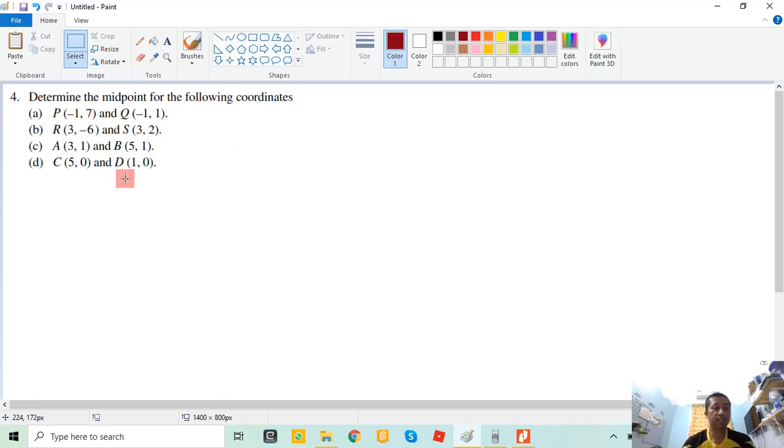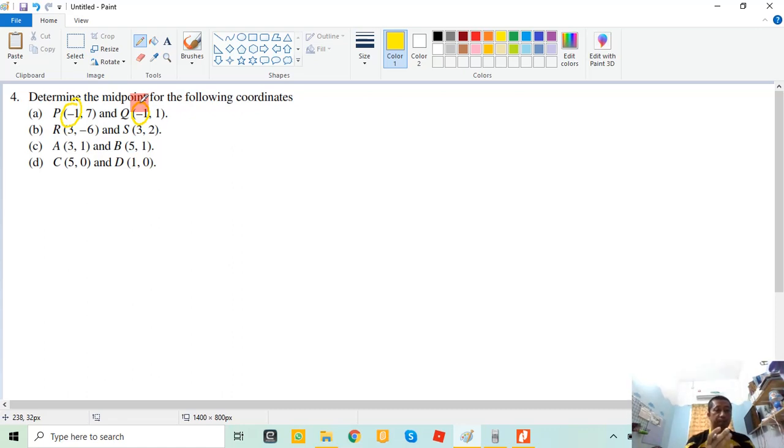Second, if you notice, actually PQ is a straight line. I mean the x coordinate here is negative 1, and this is also negative 1. Meaning this is a vertical line parallel to the y-axis.